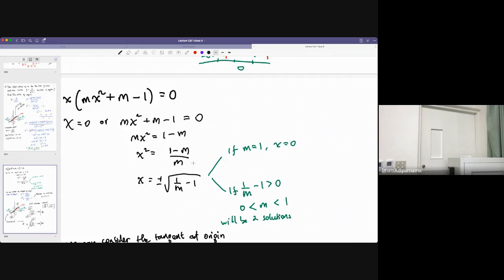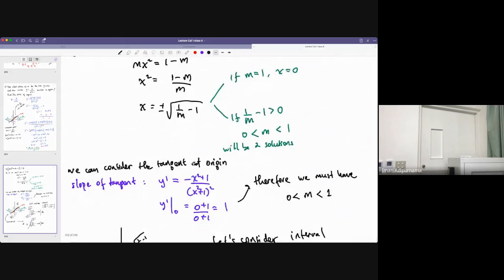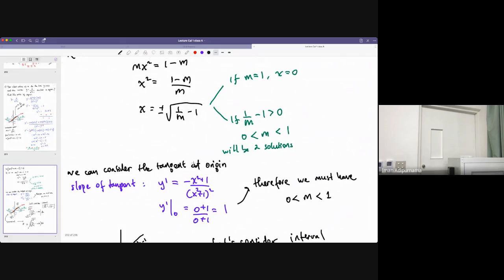We can also consider the tangent. The tangent at the origin, meaning the tangent at x equals 0. We get y prime, the slope. This is the expression. If we put in x equals 0, then our y prime, our tangent slope, is 1, right?